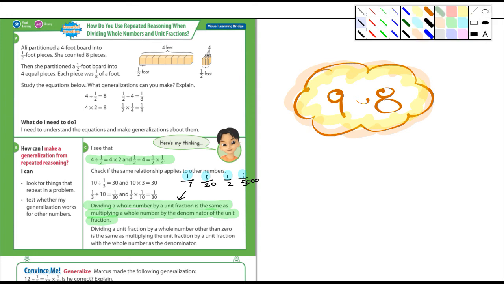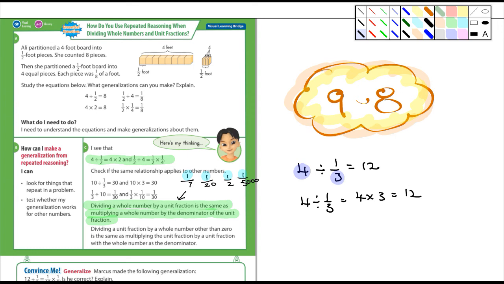So look, if I had the whole number of 4 and I was to divide that by 1/3, you guys know that's going to be 4 times 3, which is going to equal 12. So I could rewrite this as 4 divided by 1/3 is the same as 4 times 3, and they all equal 12. That's what they're trying to say here. And I think they said it pretty well here.